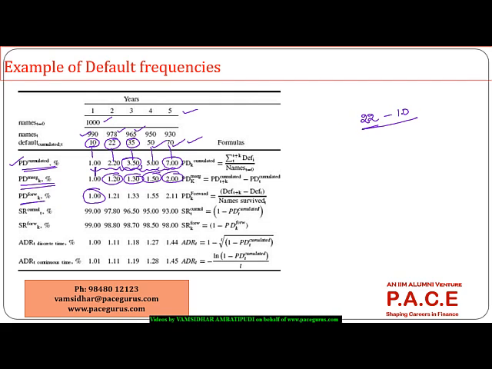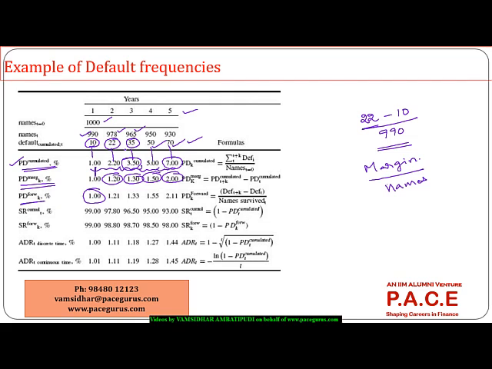So 12 have defaulted in the current year out of not 1000 but only 990 who have survived. So it is basically the marginal probability for that year divided by the number of names that have survived at the beginning of the period.